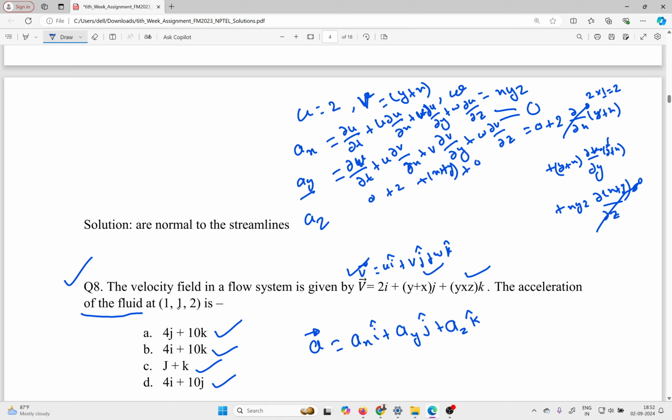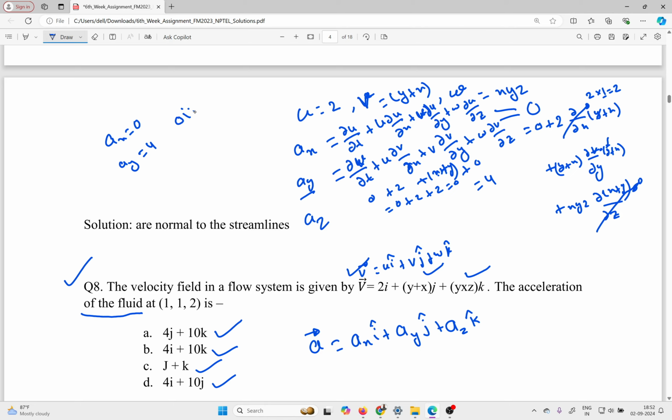When you put 1, 1, 2, that is x equal to 1, y equal to 1, here 0 plus 2 plus 1 plus 1 equals 2, so again it is 4. So it is 4, right?